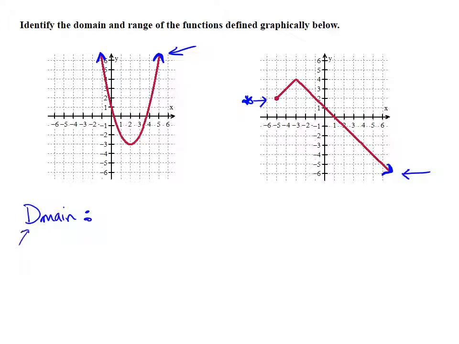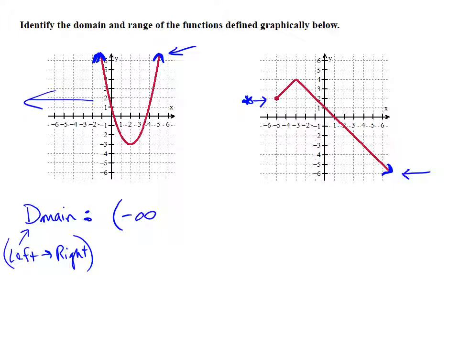Now, to identify the domain and range, with the domain we want to look left to right, because the domain is the set of x values. So think left to right when finding the domain. This graph is going forever to the left because it's going up and out, so it's technically going out to negative infinity.